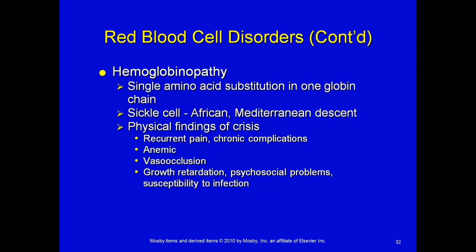Physical findings of somebody in a sickle cell crisis where these red cells have obstructed blood flow through capillary beds include recurrent pain, chronic complications, anemia, the vaso-occlusion from the plugging up of the red cells, growth retardation, psychosocial problems, and they're more susceptible to infections.